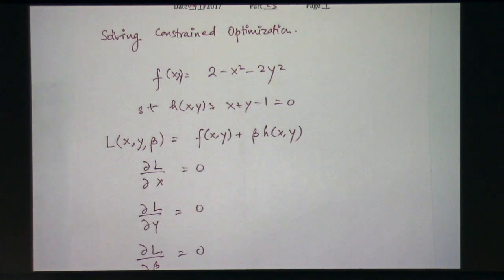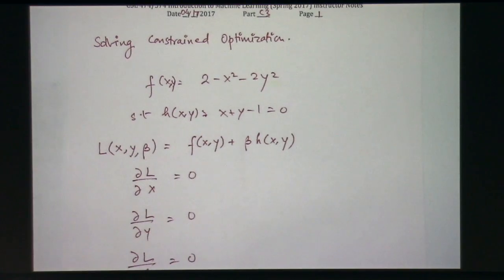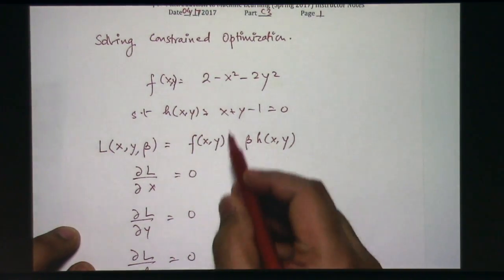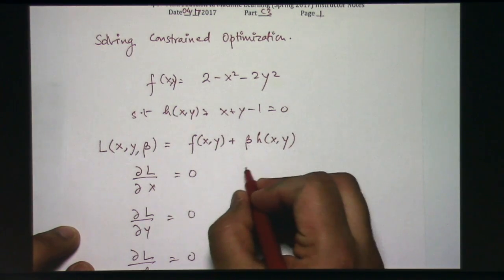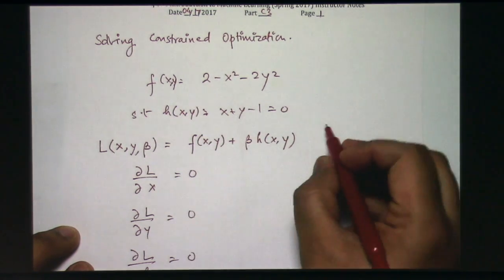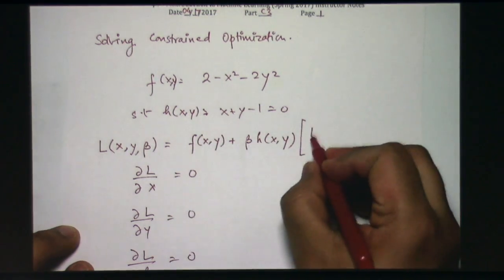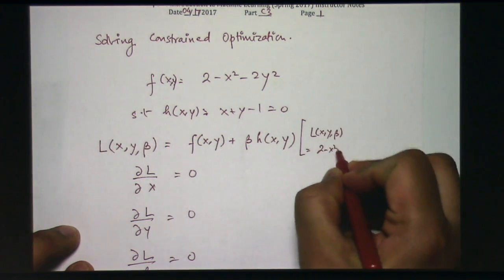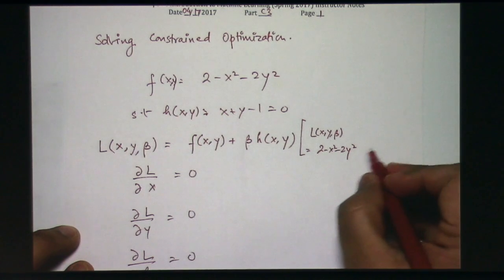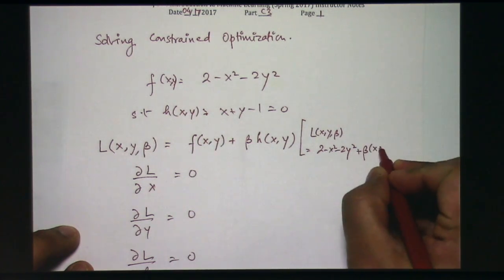We know how to solve that if it's a linear system. But in general, there is some way to solve it, right? So for example, in this particular example, our L will be 2 minus x squared minus 2y squared, plus beta times (x plus y minus 1).